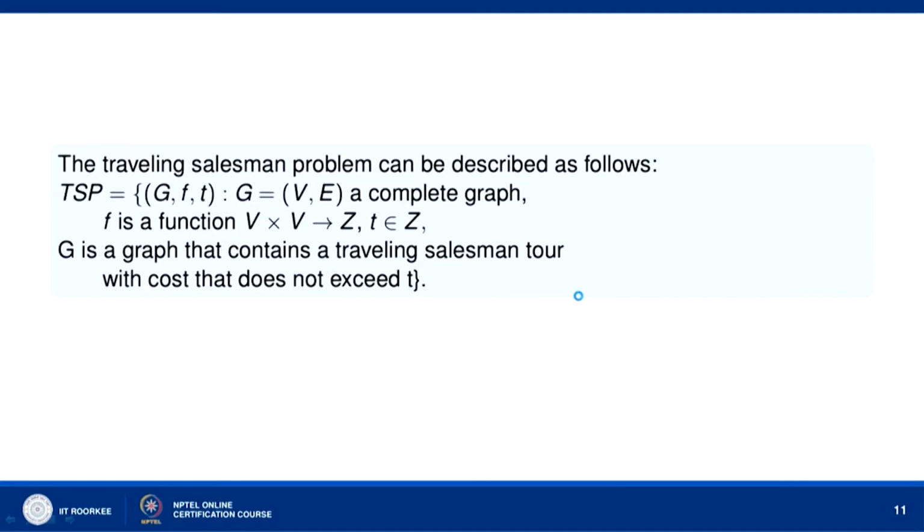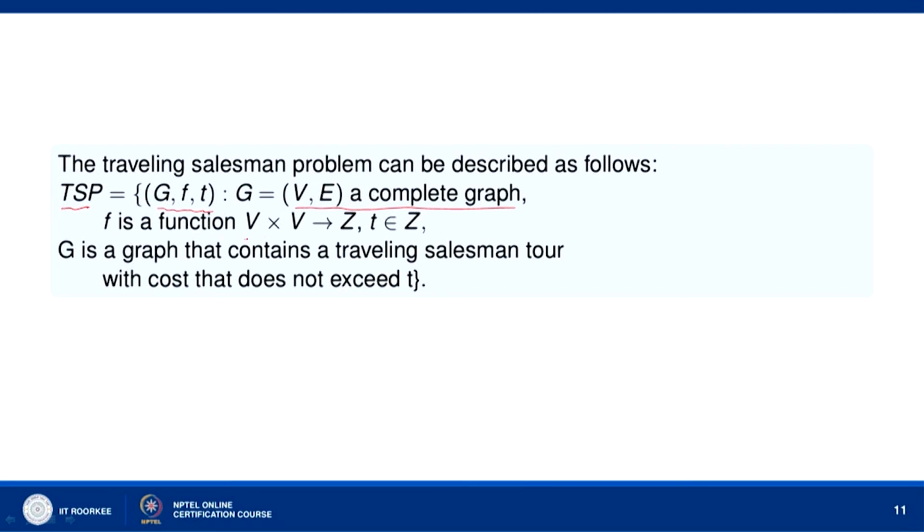Now, the travelling salesman problem, TSP, can be described as follows. It can be written as G, F, T, where G is a complete graph, B is the set of vertices, E is the set of all edges in the complete graph.